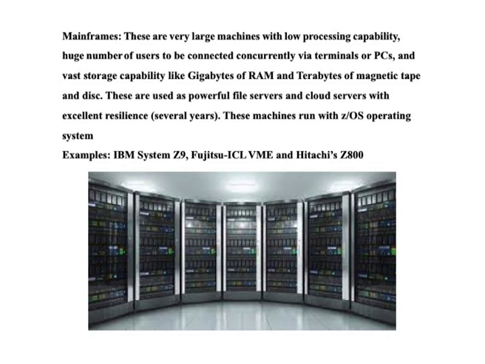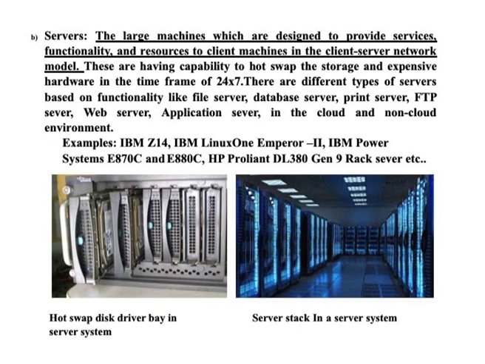These are very large machines with low processing capability but a huge number of users connected concurrently via terminals, PCs, and vast storage capability like gigabytes of RAM and terabytes of magnetic tapes and disks. These are used as powerful file servers and cloud servers with excellent resilience. These machines run with the z/OS operating system.